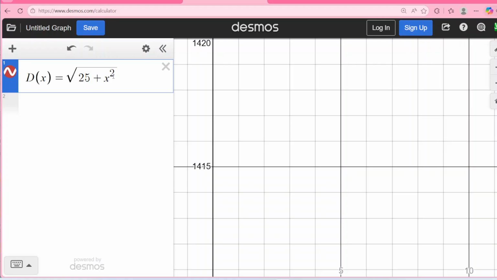That was the distance from the house to the river, the point P on the river, plus the square root of 36 plus quantity 3 minus x squared, right? That was from the point on the river to the farm, and we're restricting this from 0 to 3.